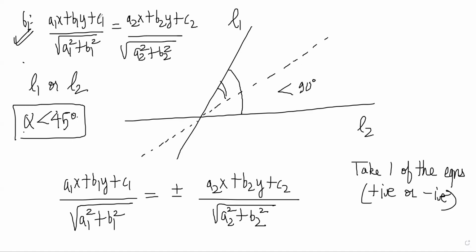Finally, we can also write the combined equation of the pair of bisectors. You have to take the plus sign and the minus sign equations, and if you multiply both together, finally you will get the equation of the pair of bisectors of the two straight lines.